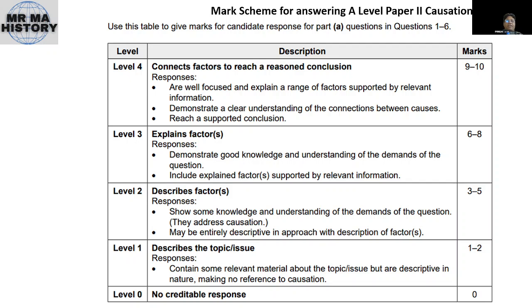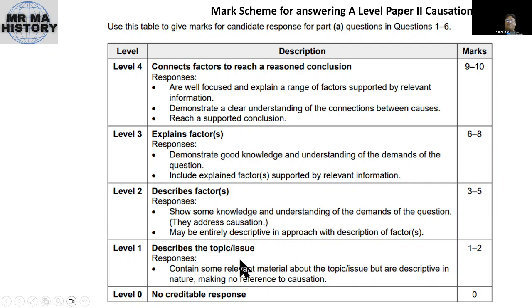Level 4, for example, shows the features of the high level response, and in order to produce a high level response, your response should show all these features that you can see in Level 4. But we can begin with the bottom level, Level 0. In this level, if a candidate writes no credited answer, this response is not worthy of any marks. So this is Level 0, no marks.